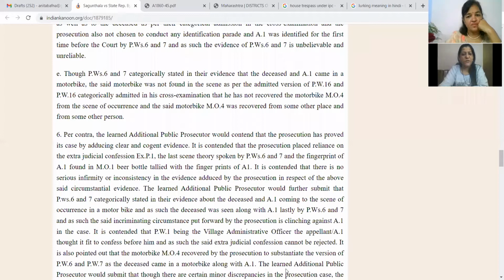Per contra, the learned additional public prosecutor would contend that the prosecution has proved its case by adducing clear and cogent evidence.